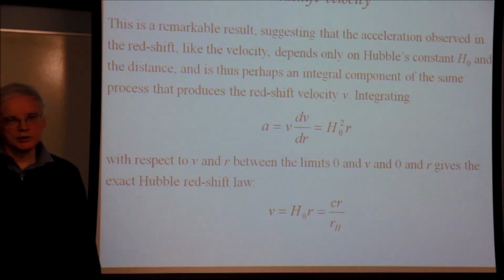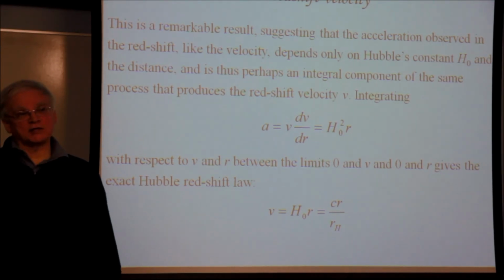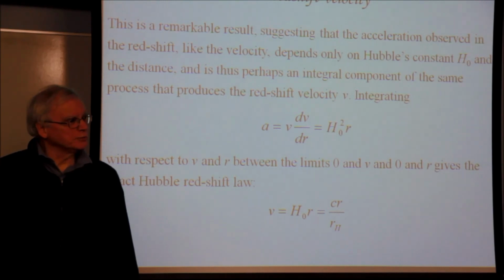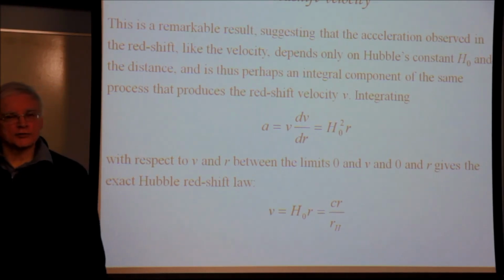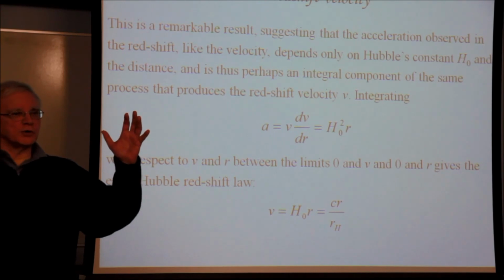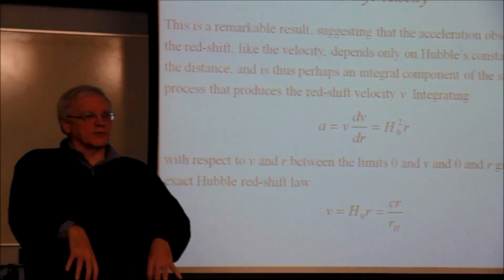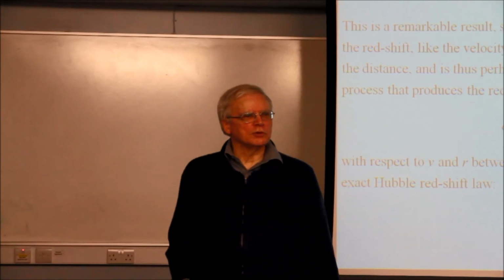In other words, in principle, what we're saying is that if this is the case, then the acceleration and the velocity ought to be part of the same phenomenon. They're not completely different phenomena. It's not like you've got your expansion, whatever you want, and then on top of that you've got some peculiar thing called dark energy. No, they're part of the same phenomenon.